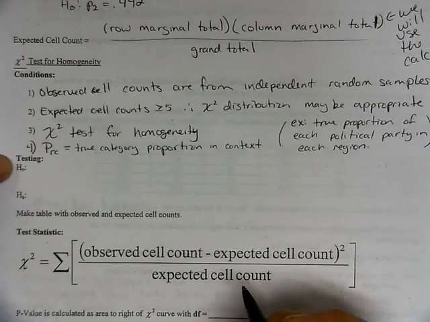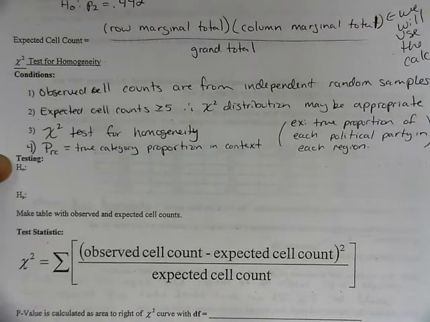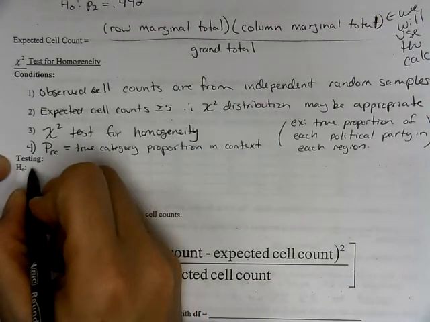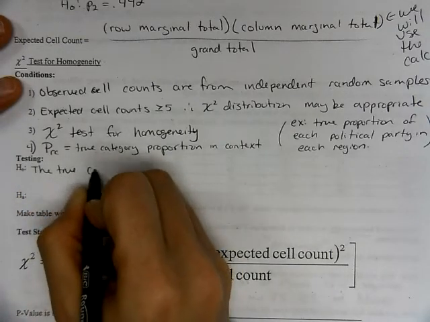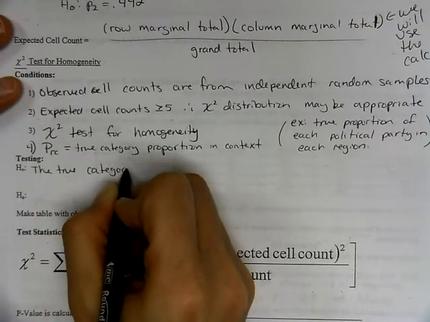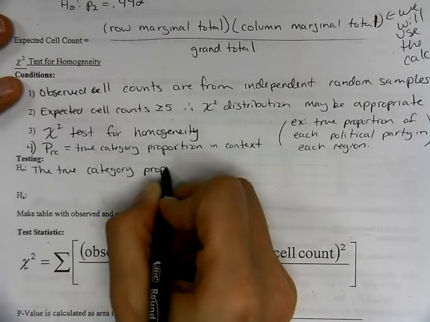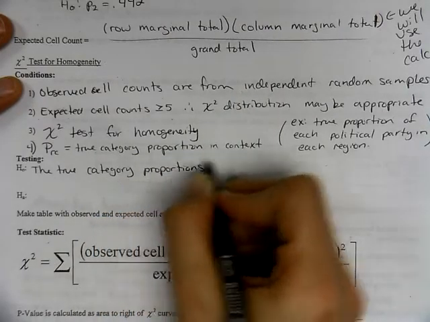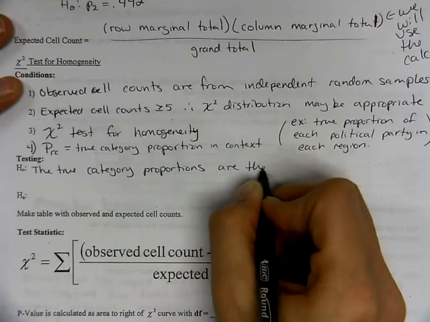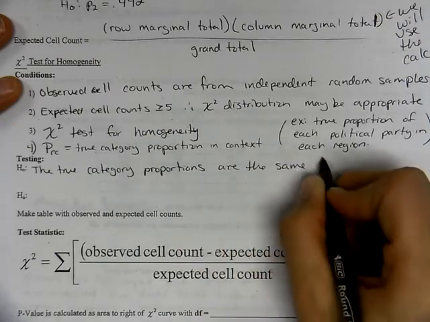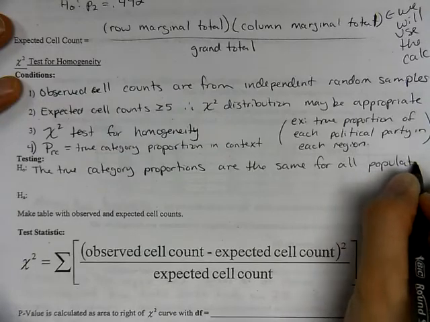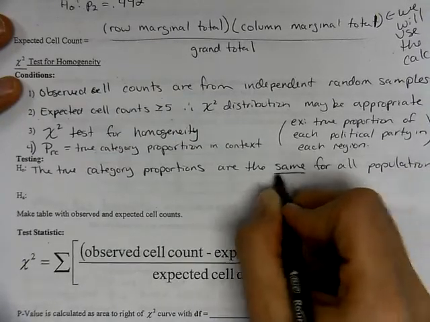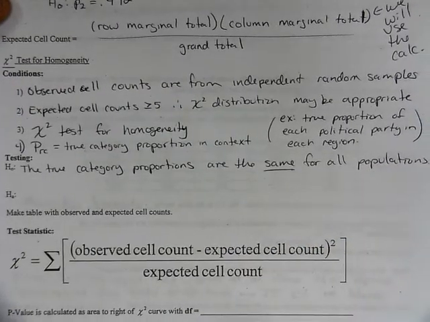So your null hypothesis is, you don't have to list them all, because you might not know the actual percentage. So your null hypothesis is just that the true category proportions are the same for all populations. So you want to use that word, same.